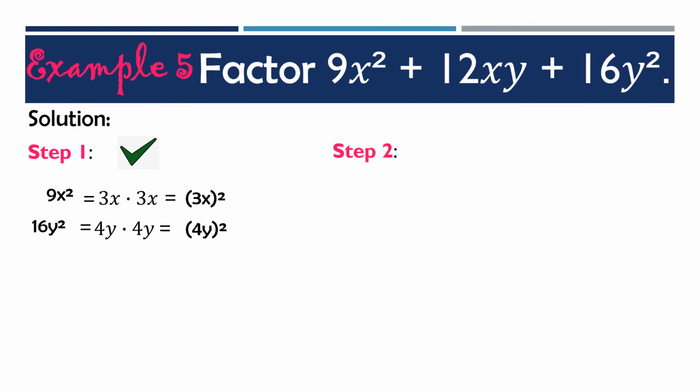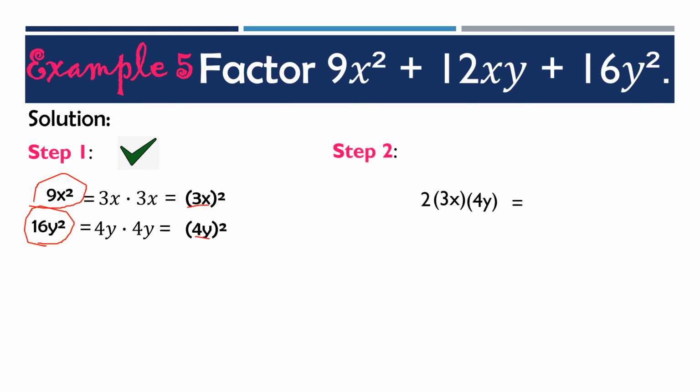How about step 2? Let's check if the middle term is twice the product of the square root of the first and the last terms. So that would be 2 times the square root of 9x squared, which is 3x, times the square root of the last term, 16y squared, which is 4y.